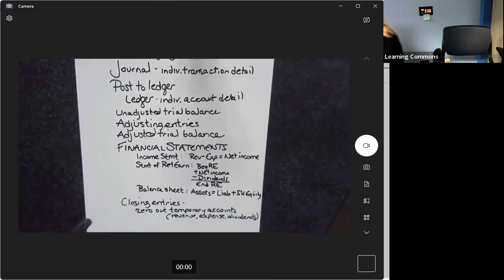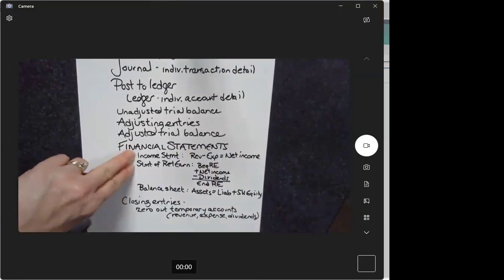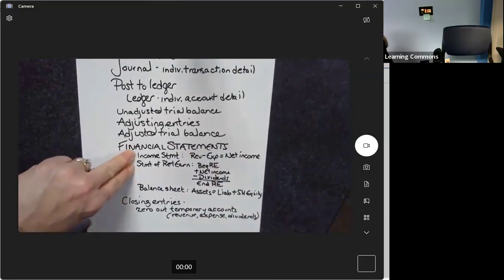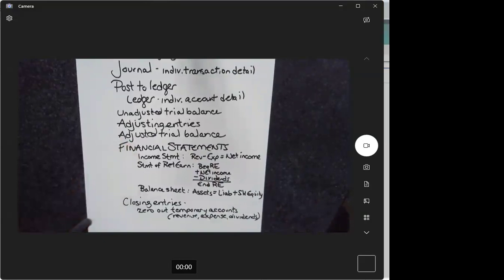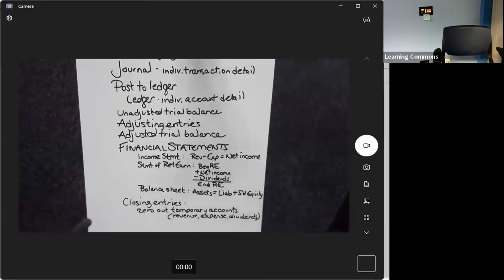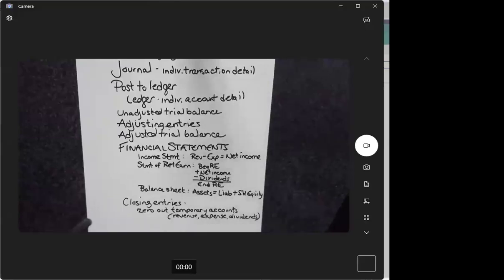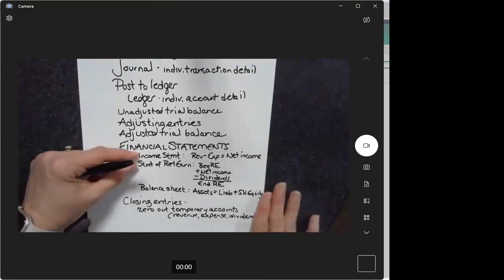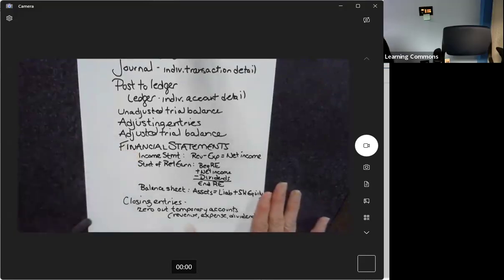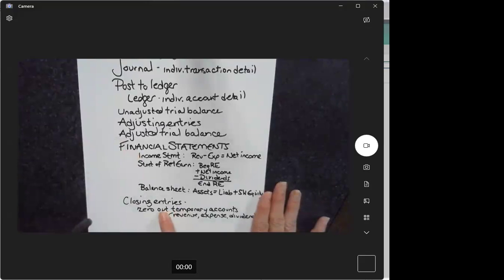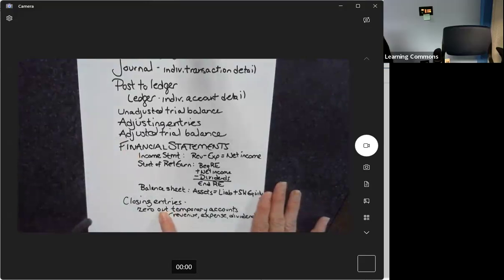Because remember, those were things from the income statement and the retained earnings statement, and those statements only presented the information for a specific period of time. If it's only for a specific period of time, at the end of that period of time, we got to zero those accounts out to start them over for the new year.